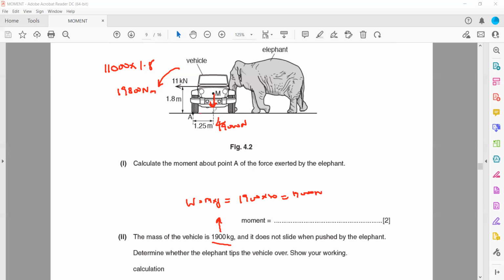And the perpendicular distance from the pivot, because point A is the pivot, is 1.25. So the turning effect due to the weight of the car is 19,000 multiplied by 1.25.